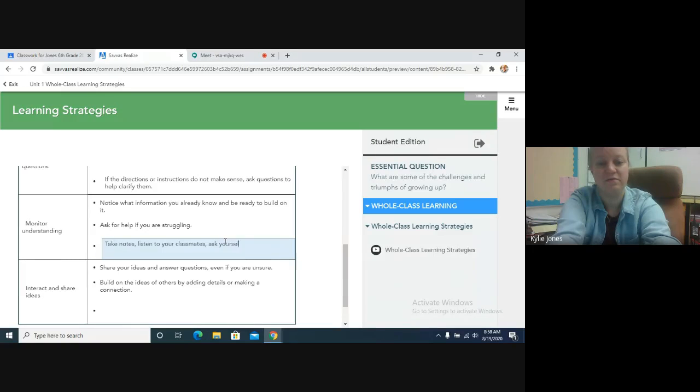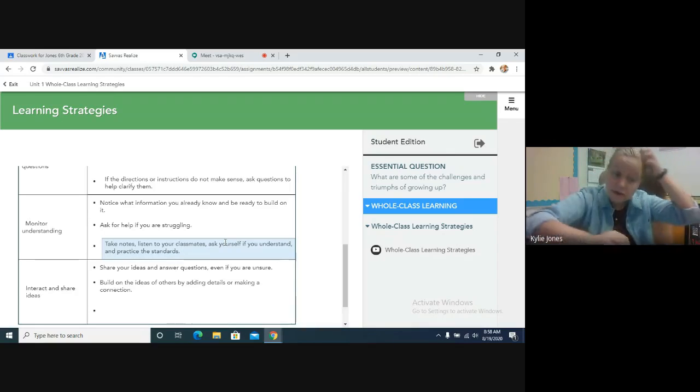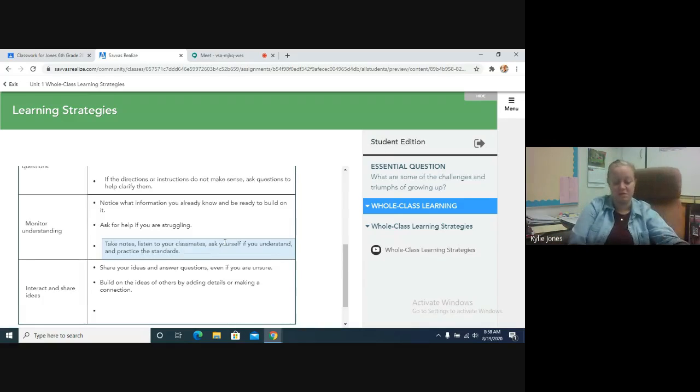Ask yourself if you understand, and practice the standards. Okay, so that's actually a few things that you can do. But all of those things are going to help you monitor whether or not you're understanding what is being taught. Okay, so I'll give you 2 minutes to type that out, or write it down if that's what you're doing.